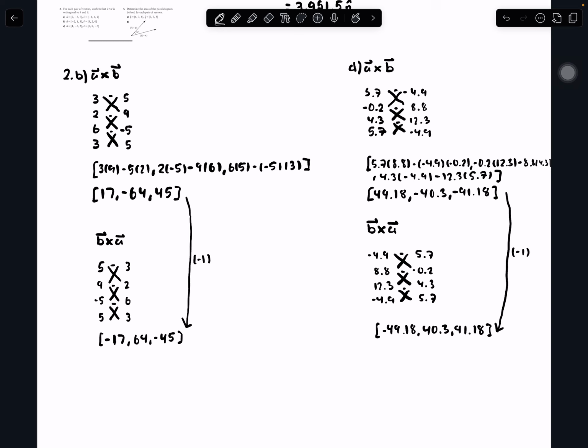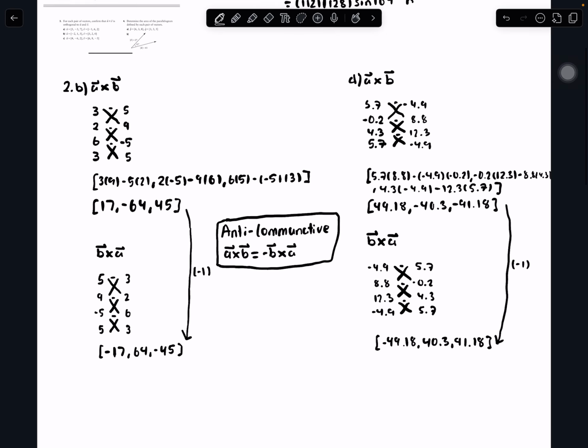So this property we call they're anti-commutative. So it's not exactly commutative, but it's the difference of -1, a multiplication by -1. So that's saying A cross B is not equal to B cross A, but it is equal to minus B cross A. Okay? That's a general property of the cross product. And that's what this exercise was trying to highlight.